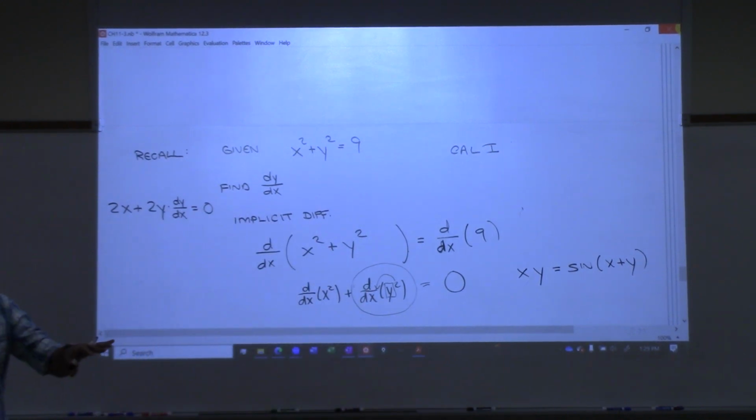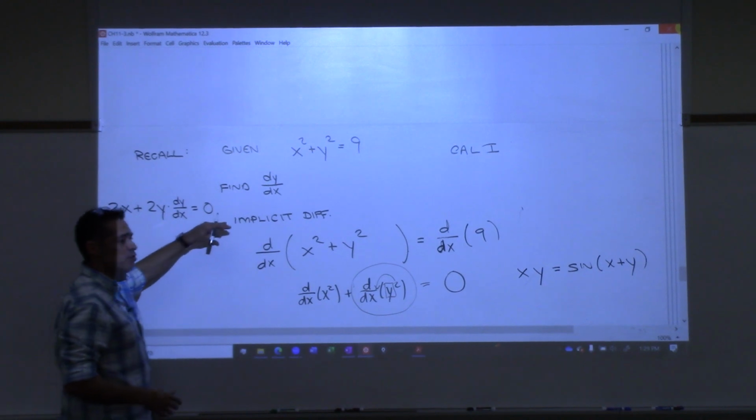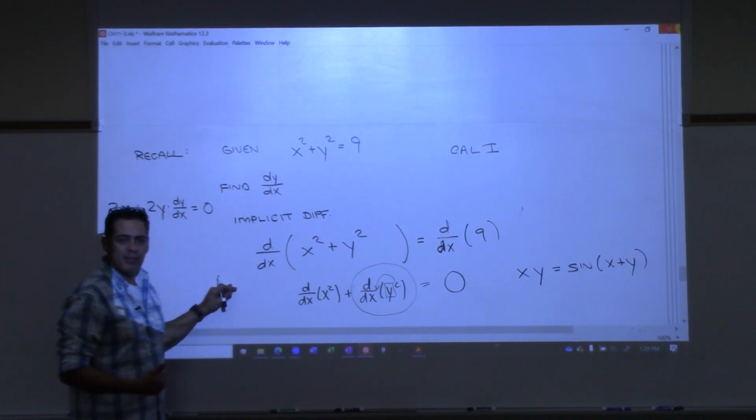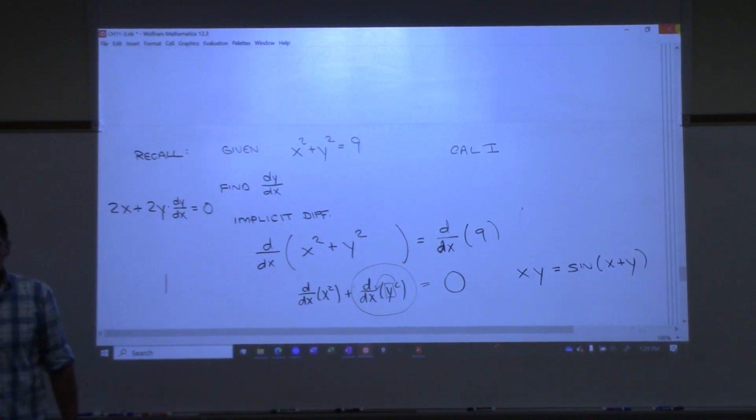You can't get y by itself in terms of just x. So you can't get all y's on one side and x's on the other. It's impossible to do. But there is a graph. If we graph that on Desmos, there's a graph, and that means there's tangent lines. And so implicit differentiation is what we use to find dy dx, all right? So it was useful in Cal 1.